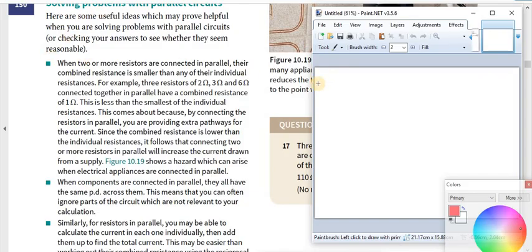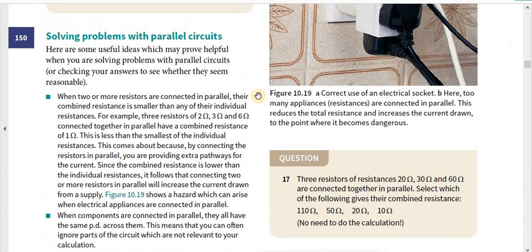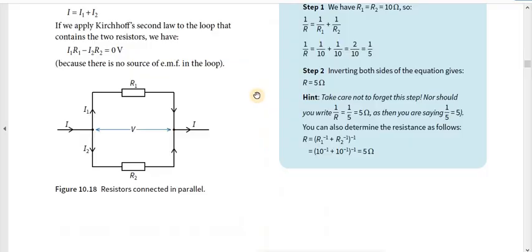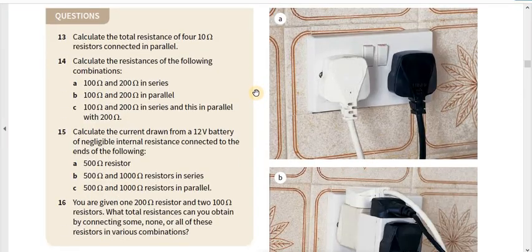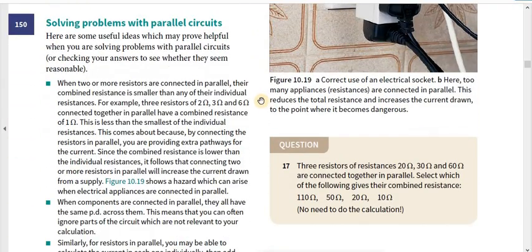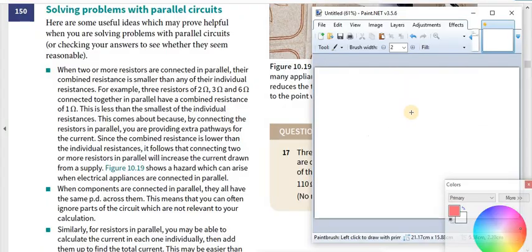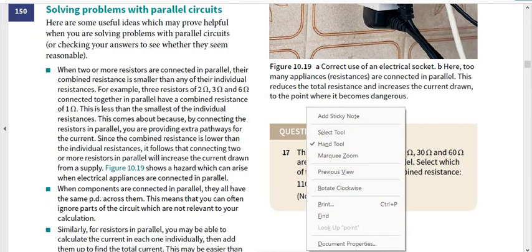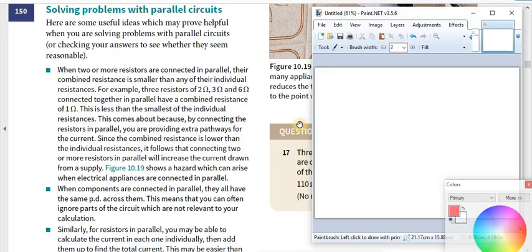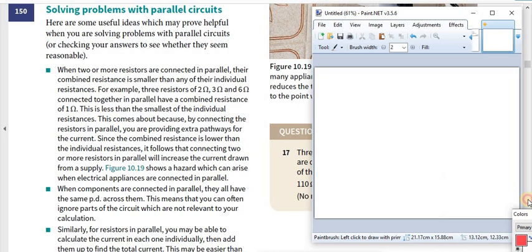Okay, they don't really have a diagram there. Okay, I can draw a diagram and show you. Okay, so let's say we have a number of resistors. It can be 3, 4, 5, any number of resistors, and these resistors are connected in parallel.